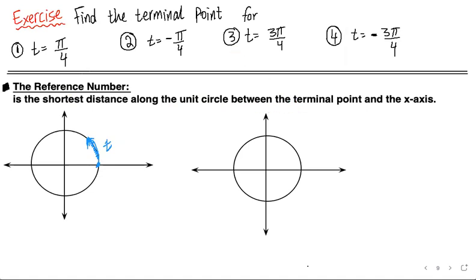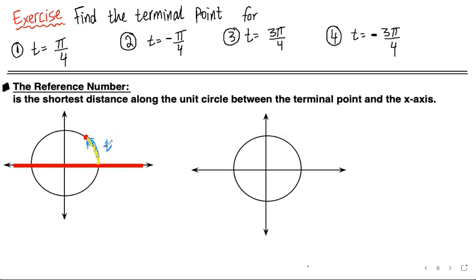Suppose my terminal point is here. So the smallest distance between the terminal point and the x-axis, and this is my x-axis, along the unit circle. So the distance will be like this.